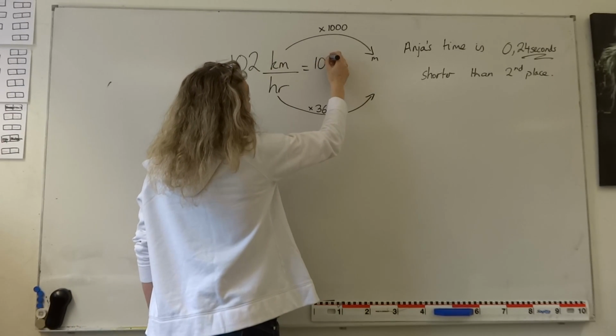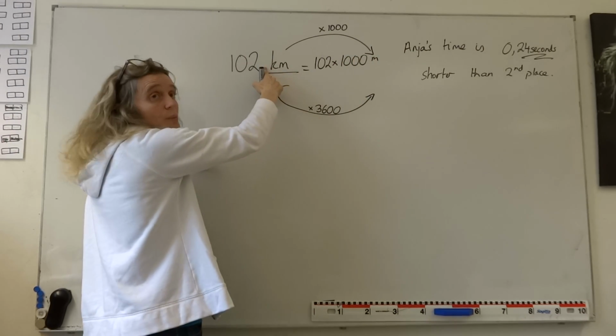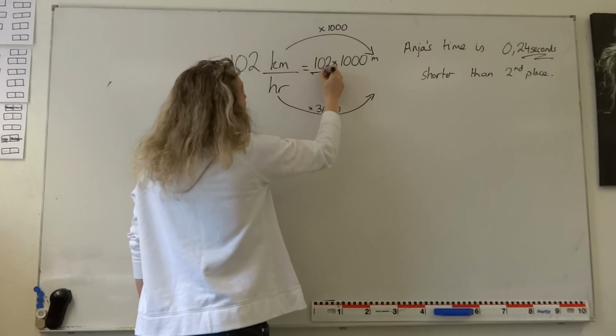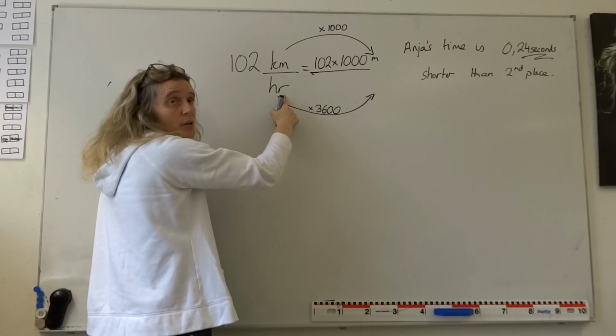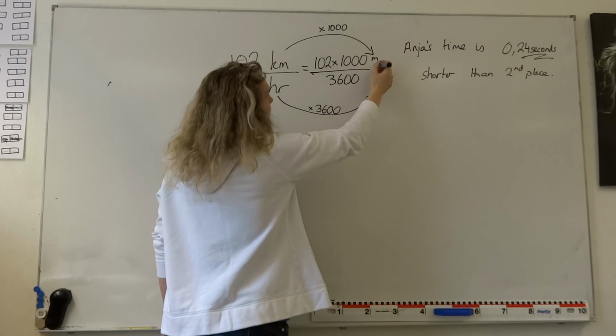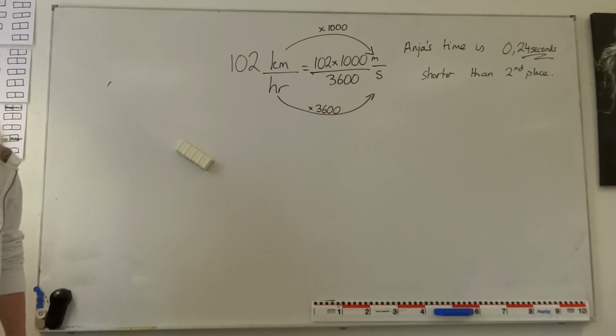So that's what we have to do, but we have to keep them in the right place of the dividing sign. Notice that kilometers is up here with the 102. So we do 102 times by 1,000, because kilometers is on the top, it stays on the top in the conversion. But hours is on the bottom, so the hours to seconds also has to stay on the bottom. This will give us the speed in meters per second. And this is the easiest way I think of converting.